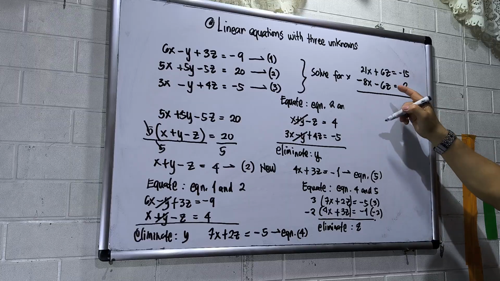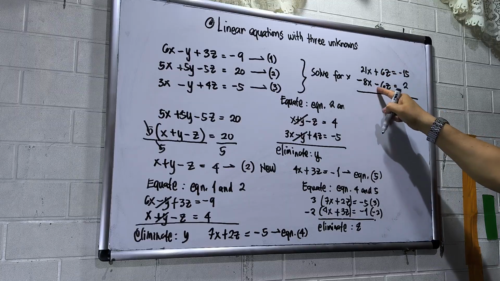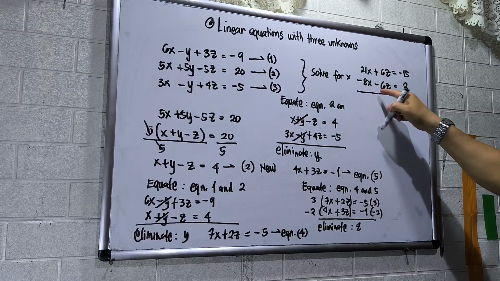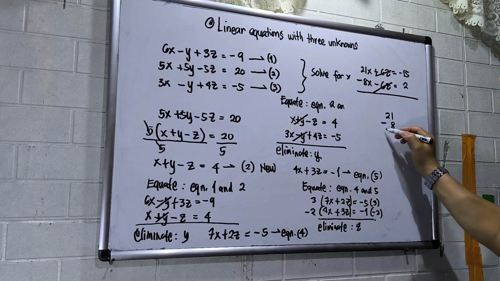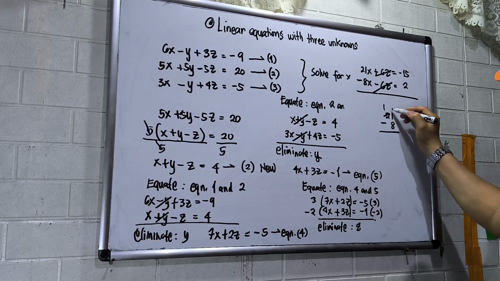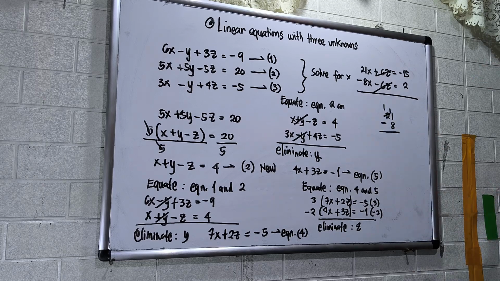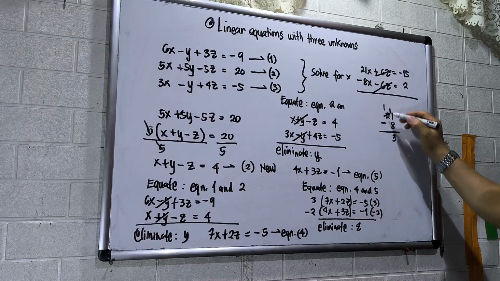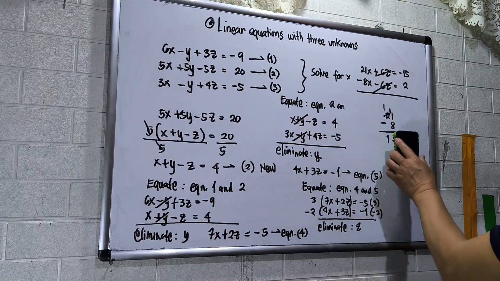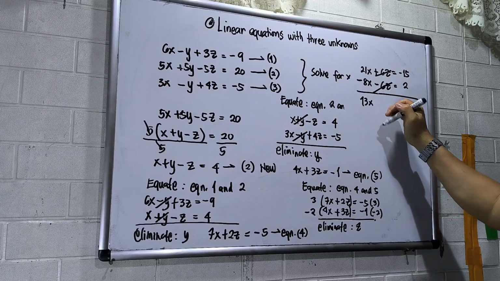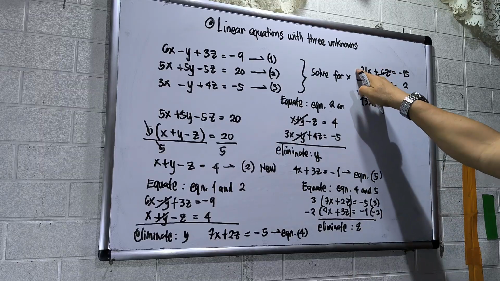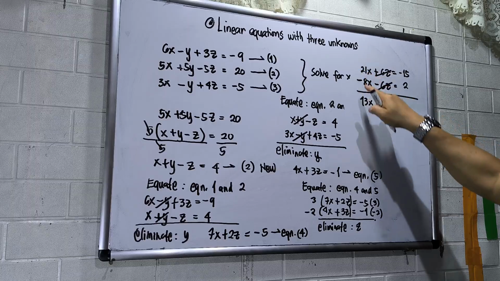Okay, z will be eliminated because 6z minus 6z, positive and negative, that will be 0. And then this one, 21 minus 8, so borrow here, this will be 11. 11 minus 8, that will be 3. Then bring down 1, so I have now 13x, because 21 is greater than 8 and 21 is positive.